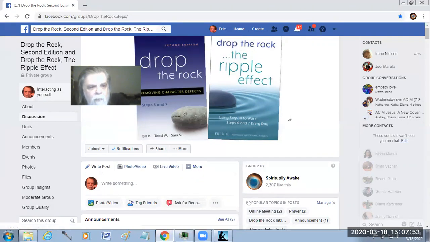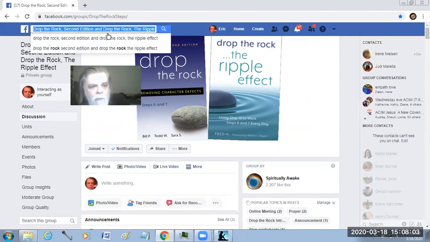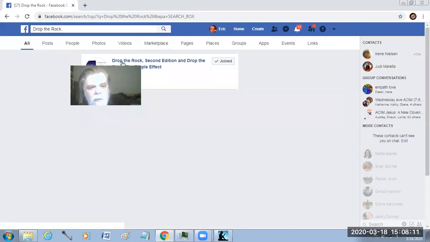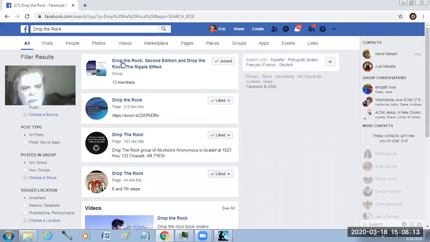And so this group is on Facebook, facebook.com, and look for the group called Drop the Rock Steps, or just Drop the Rock. You'll find it pretty quickly if you search Drop the Rock at Facebook. In fact, there isn't much out there really.